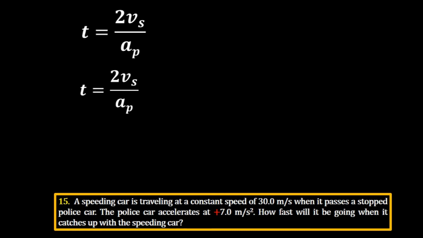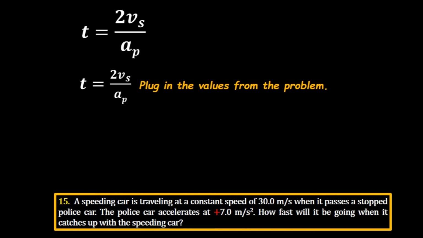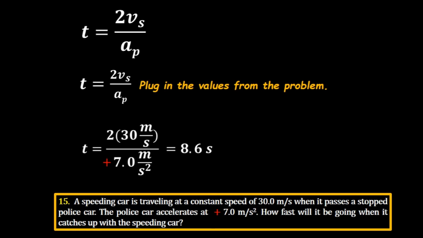Can you put it on pause and try to catch up with the derivation of this? Plug in the values from the problem, and what do you get? 8.6, did you get it?